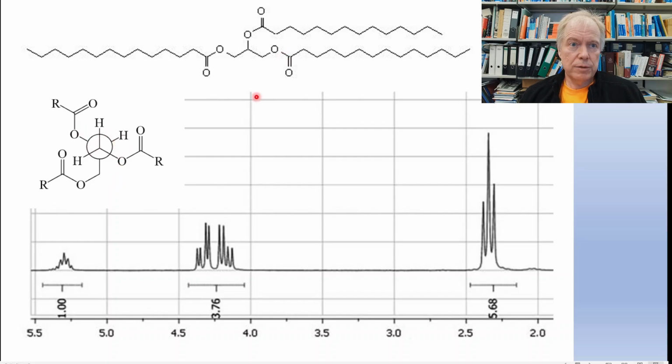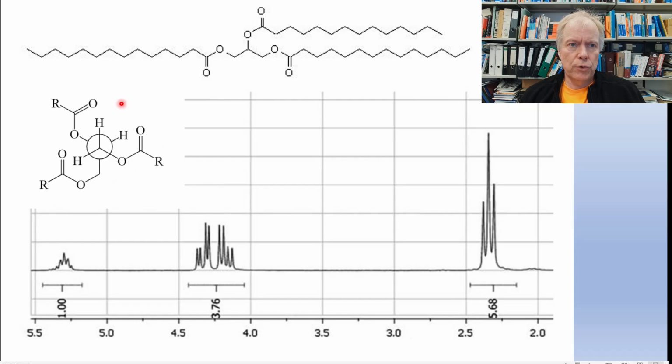Behind that carbon is located this carbon, and this carbon has additional substituents: that ester functionality, that hydrogen, and here the CH2 group with an additional ester functionality. So hydrogen, ester functionality, and CH2 group with ester functionality.